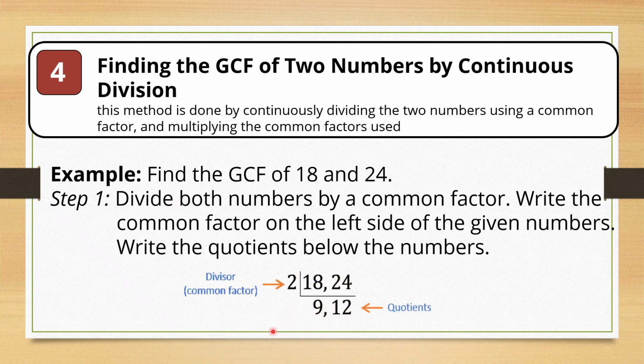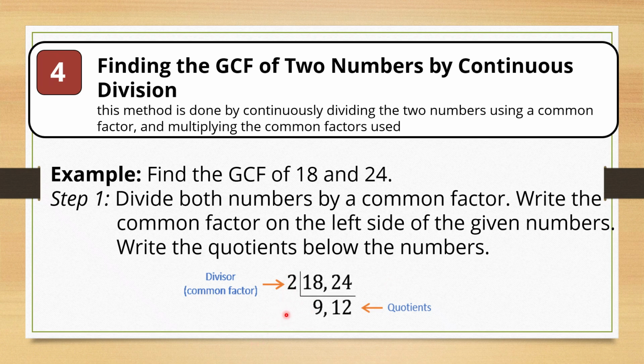Here, the ones on the outside are what you call the common factor, which is the divisor. Then the ones inside are the given numbers in which you're asked to get the greatest common factor. If you have a common factor of both numbers, which is 2, you cannot use 1, because if you use 1, you will still get the same number.